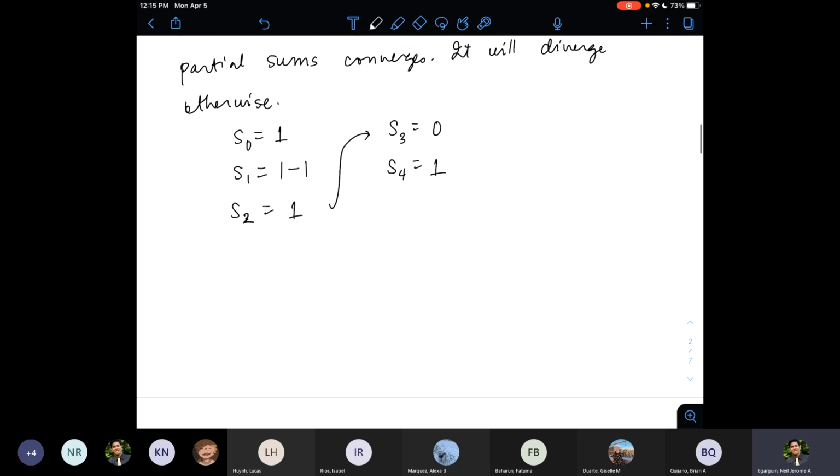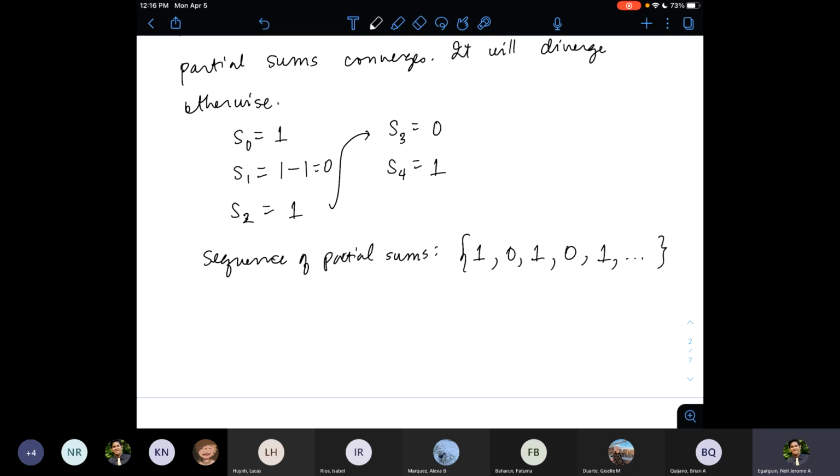So if we look at the sequence of partial sums, we will have this. So you'll get 1, followed by 0, followed by 1, followed by 0, followed by 1, and so on. And is this sequence convergent or divergent?